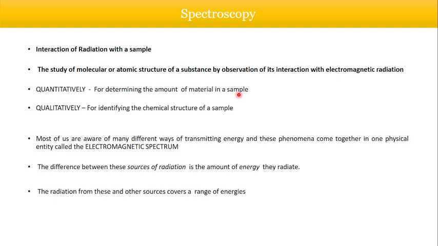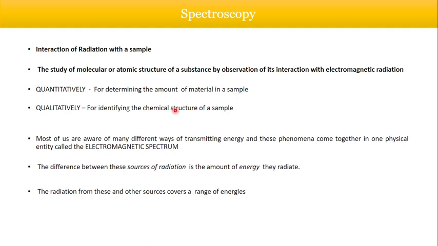Now if we speak of spectroscopy from a qualitative point of view, then it is used for identifying the chemical structure of a sample. So from the qualitative point of view, we can get information about the chemical structure of the sample that we are observing.